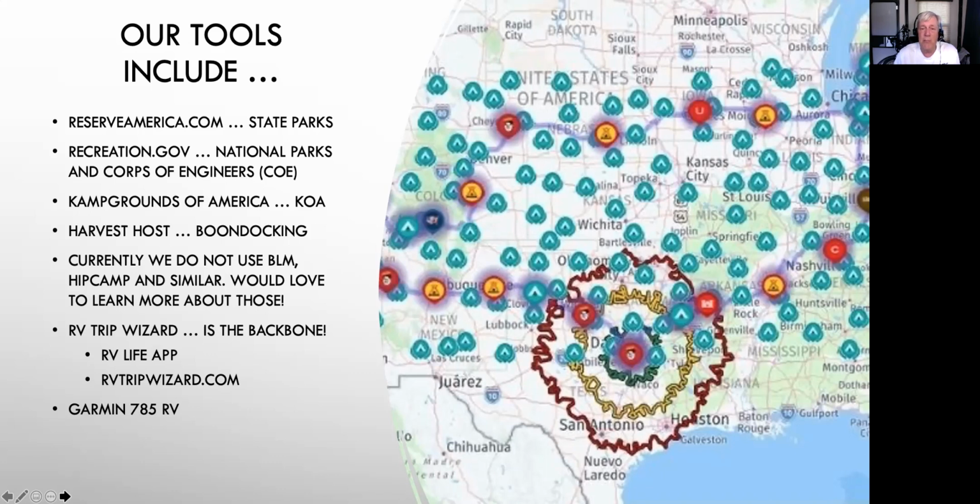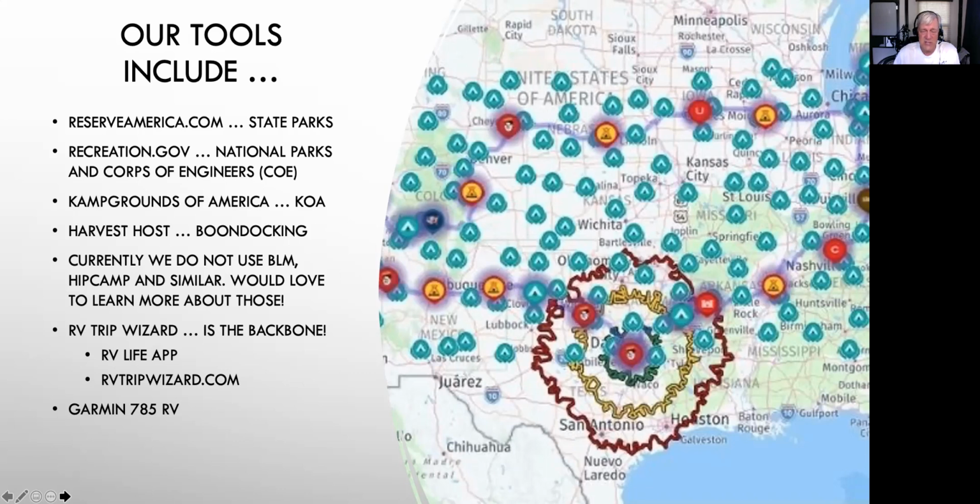I do all of the planning and laying things out on rvtripwizard.com. I prefer to do that on my desktop here. It's a lot bigger and works a whole lot better for me. But I will use the RV Life app just to check things from time to time. Where's our next stop? How far is it? Where's two stops down the road? I use both, but I do all the planning on the desktop version.